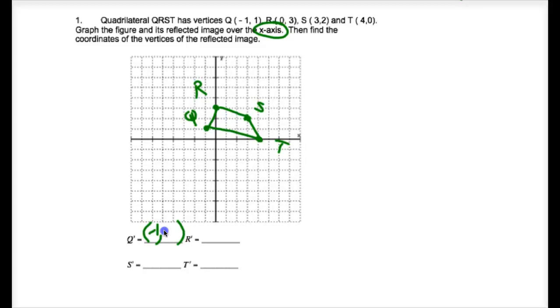Explain in your words how you did that, so maybe you can help somebody else out. The original point was -1, comma 1, so then I took the y and I times it by -1, which is -1. And what'd you do with the X value? -1. You kept it the same, right? Guys, all you do is keep the X value the same and take your Y value multiplied by -1. Get R prime, S prime, and T prime. Go.